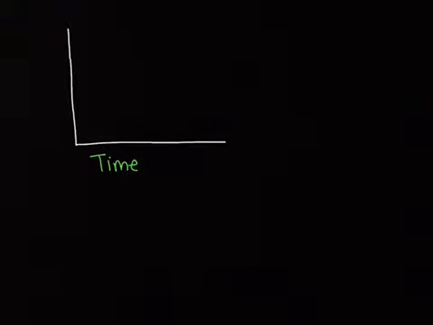The last thing that I want to talk about with these phase changes is what it looks like on a graph. So when we have a phase change, let's say we'll have time along the x-axis, and then we'll do temperature on the y-axis.